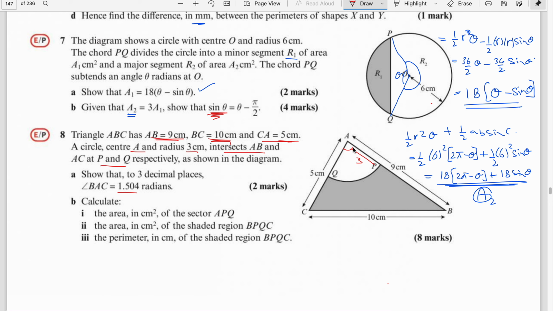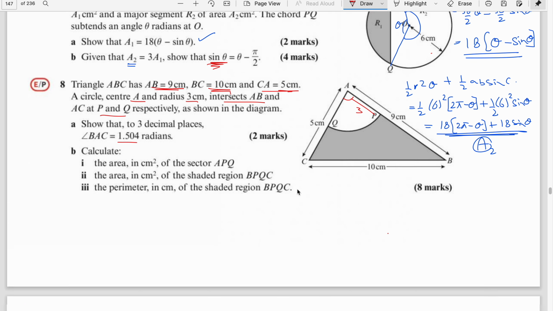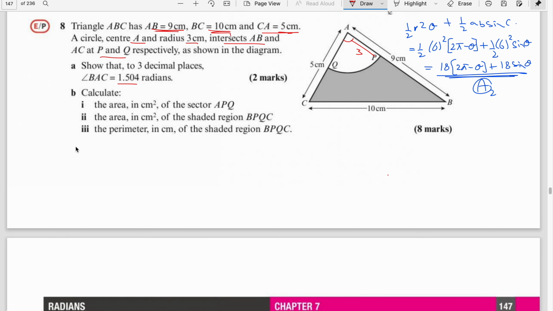Now BAC, this angle, we can find using the cos rule. So cos of BAC is equal to 10 squared minus 5 square minus 9 square divided by minus 2 into 5 into 9, and BAC is cos inverse of this answer.